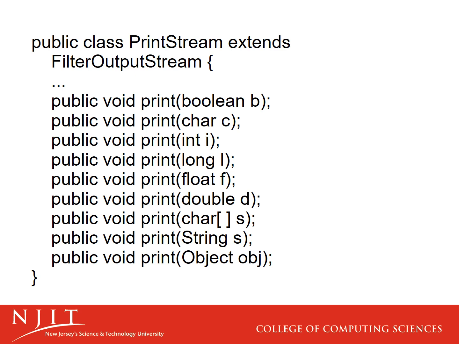Just like when you say 2 plus 2, the compiler says, that's 2 integers, so I'm going to do integer addition. If you say System.out.print hello world, the compiler is going to say, I'm going to use the version of print that takes a string because hello world is a string.